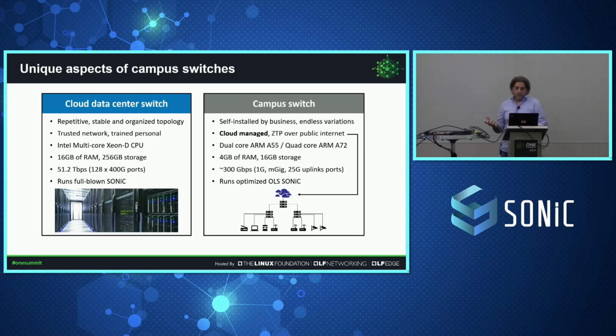But when you go to the campus, it's much more cost sensitive, and you have lower memory, lower storage. But on the plus side, the requirements and the bandwidth are also much lower, right? We're not talking about 50 plus terabits, we're talking about 300 gigabits. So it's much less, and I think we have a great opportunity here.